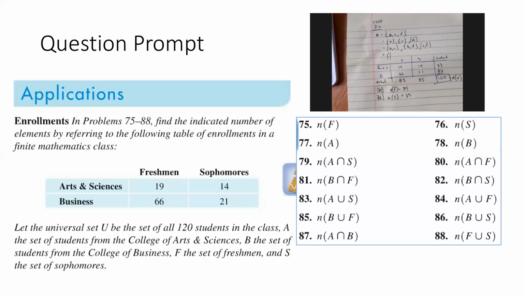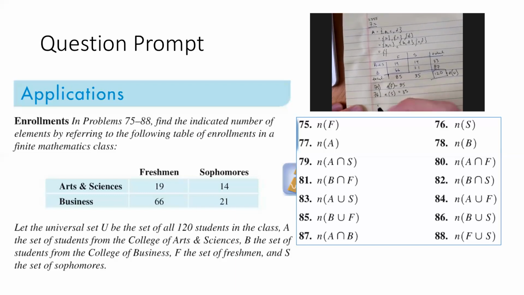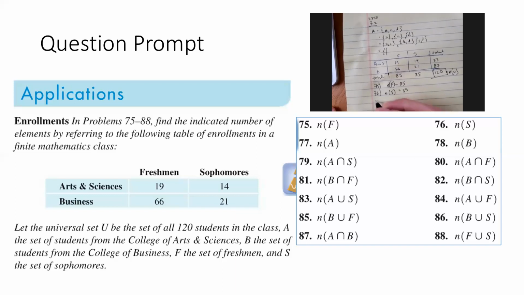So let's now turn our attention instead to do like 81 and 82. And then we'll do 83 and 84. So 81 asks us for the number of business intersect freshmen. So that means business and freshmen.